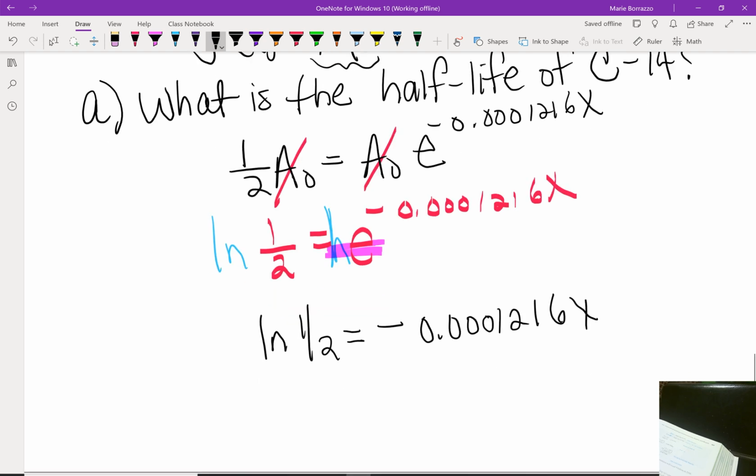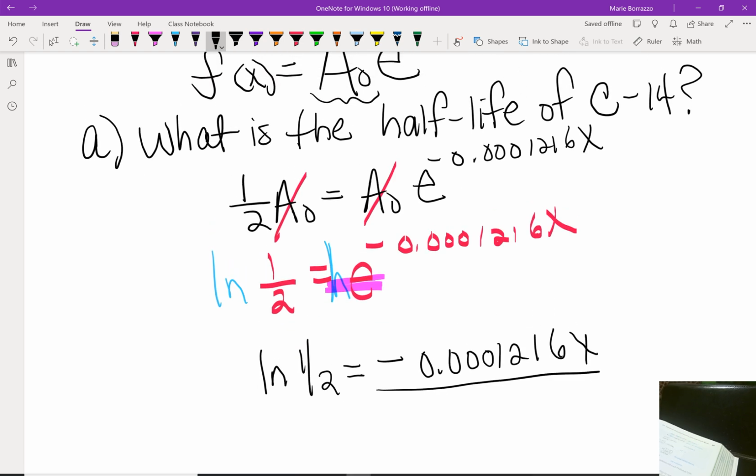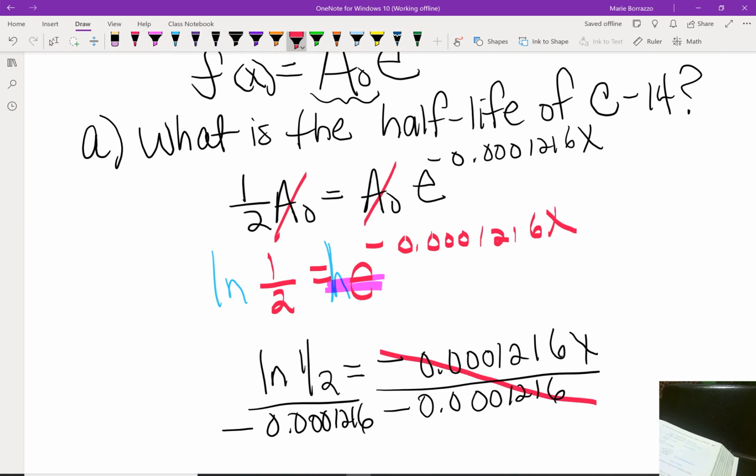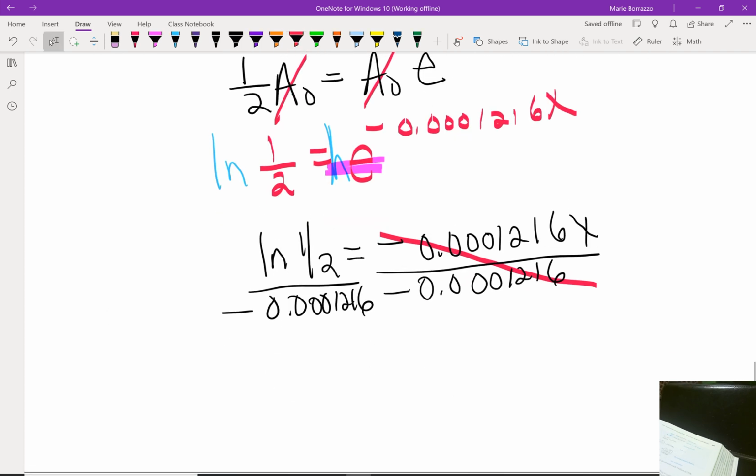The last step you would take here to solve for x, obviously, is to divide by negative 0.0001216 on both sides. When this happens, all of this will cancel, leaving you x equal to your answer, where x is equal to 5,700.